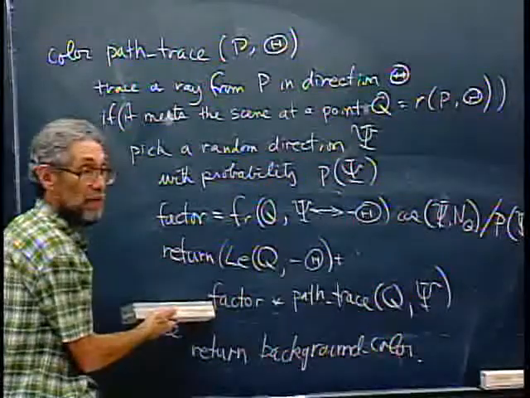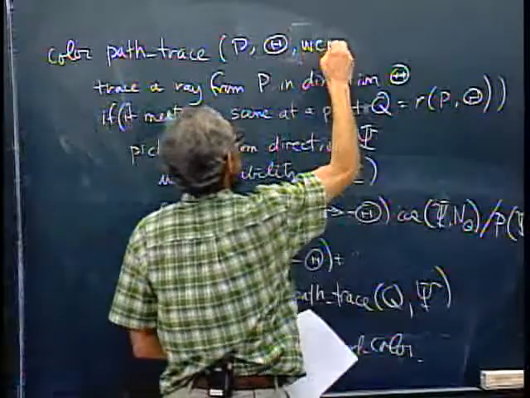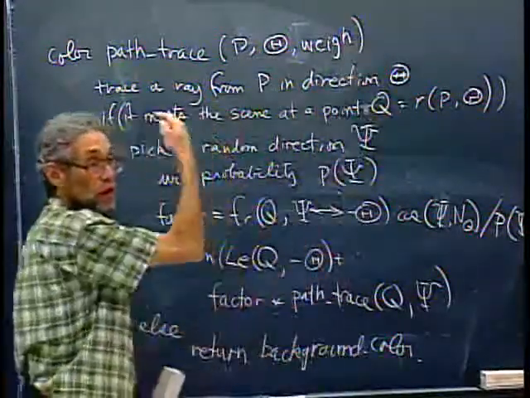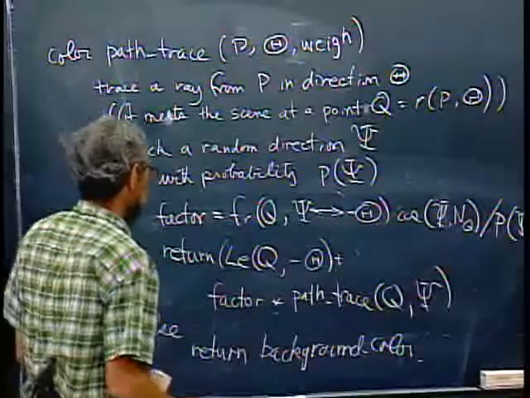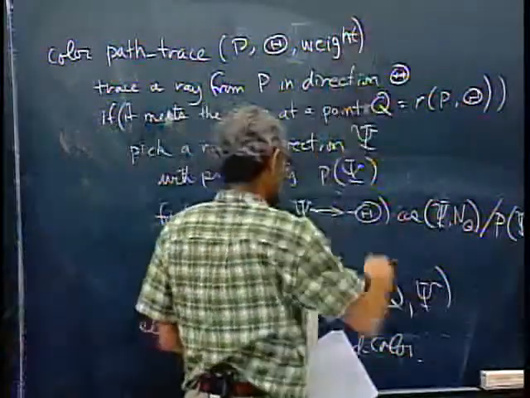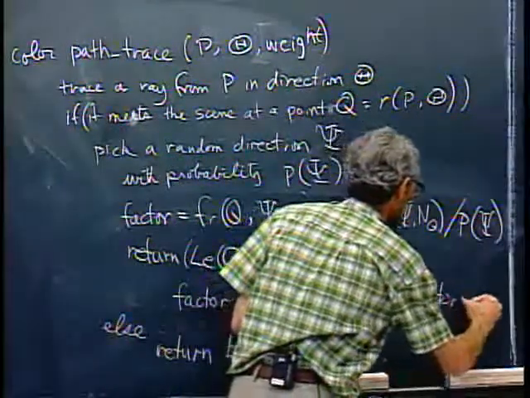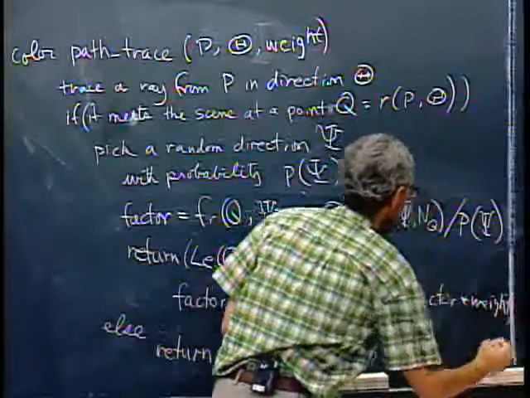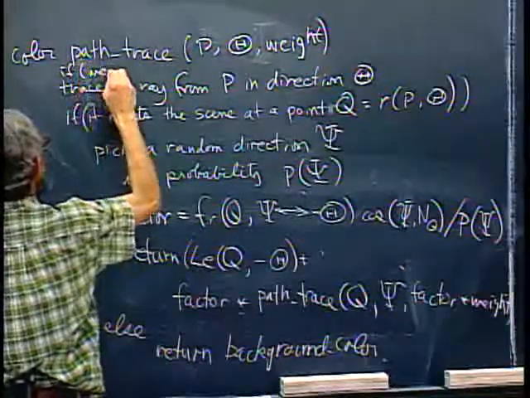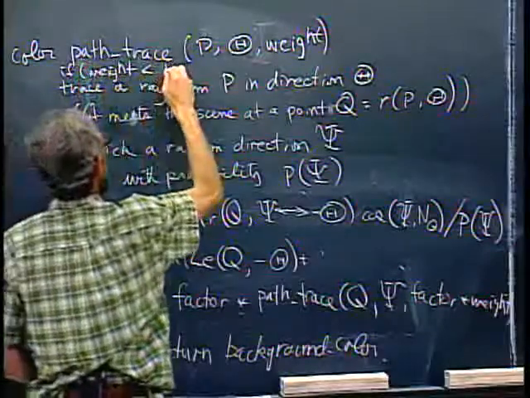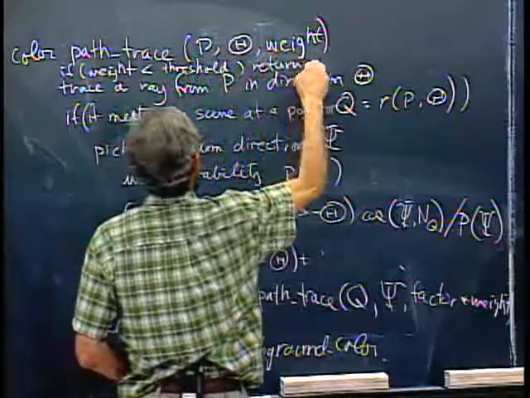So if we have some sort of weight that says how much the color that you return will contribute to the root call that started this whole recursion, then you initially call it with weight 1, and here you call it with factor times weight, and if the weight that you call it with is less than the threshold, return 0. Right?